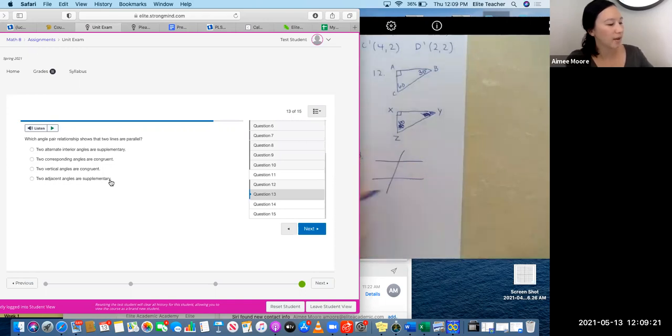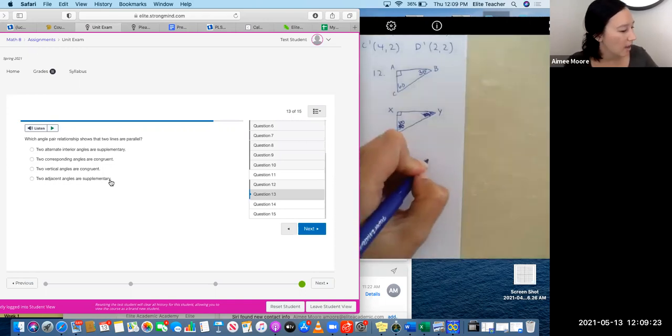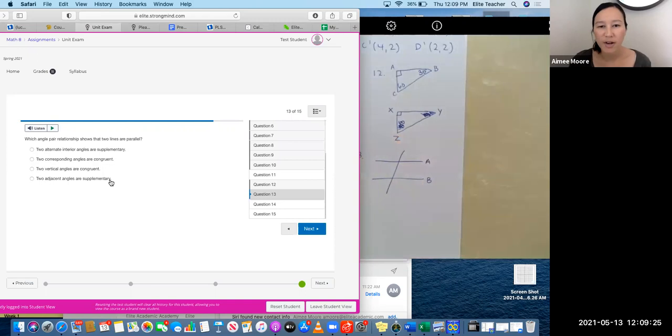So we're looking for parallel lines. We want to show that line A and B are parallel. If we have 2 alternate interior angles that are supplementary, does that prove they're parallel? 2 corresponding angles are congruent, 2 vertical angles are congruent, or 2 adjacent angles are supplementary?